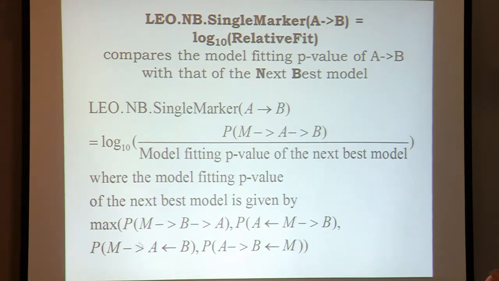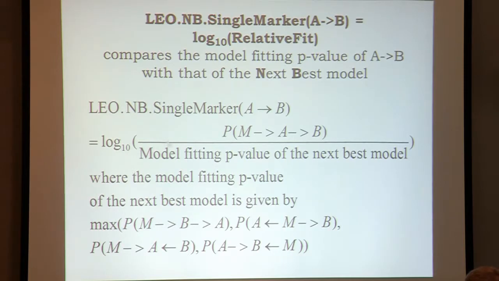The p-value of the next best model can be obtained by forming the maximum p-value across these 4 alternatives. And so this ratio of the p-value from your causal model of interest divided by the maximum over the 4 alternatives gives you a relative fitting index for evaluating the fit of your model.